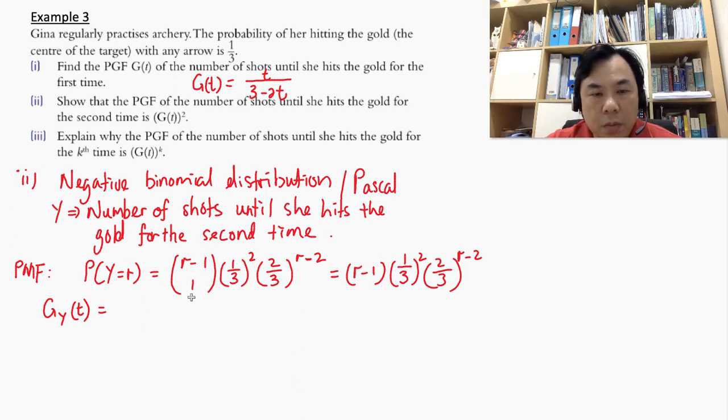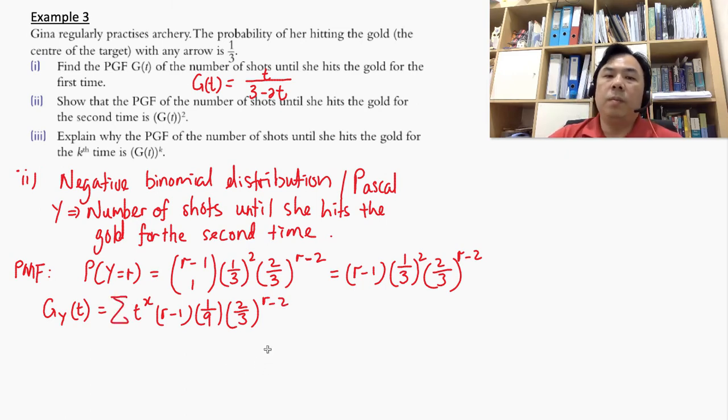So that will be the sum of t^r, sorry, let me correct that a bit. It should be t^r times (r minus 1) times 1/9, and then 2/3 to the power r minus 2, as a sum of all this.